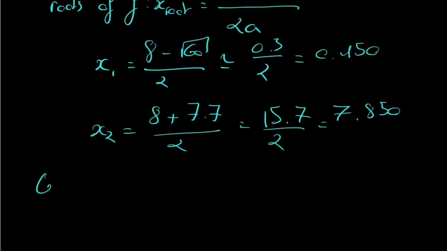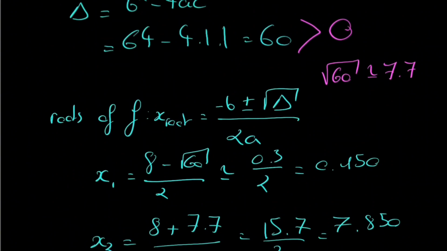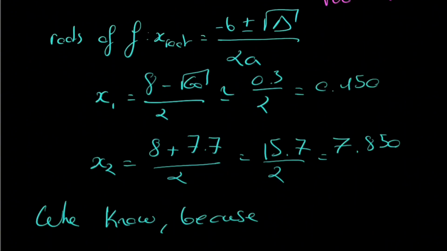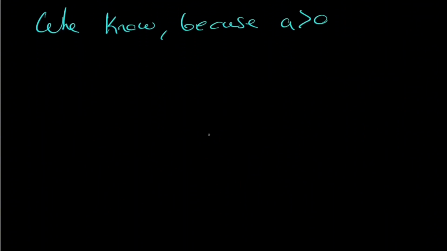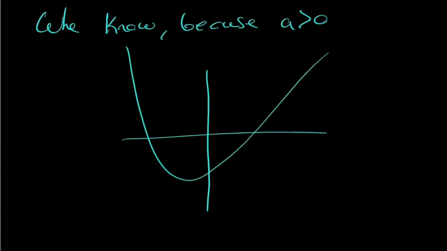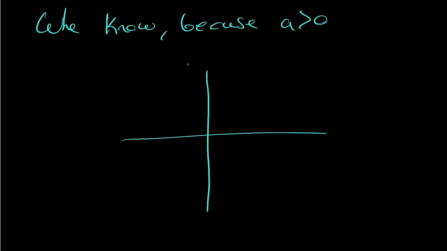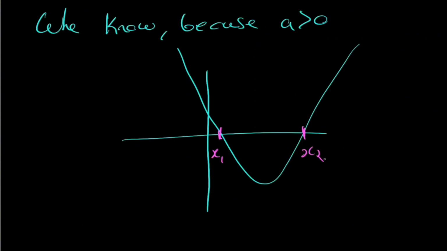And now we know, because a is strictly superior to 0, that our function will look something like, this is always the same thing, like that, with the first root x1 and the second root x2.